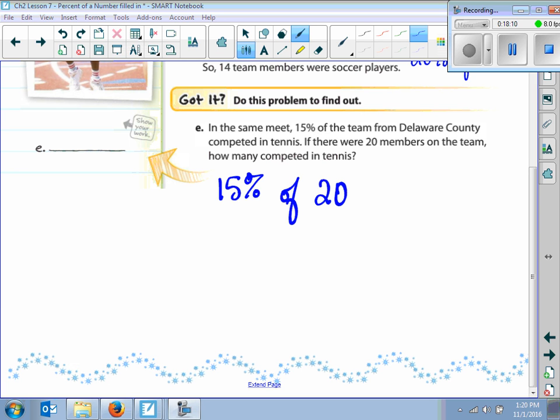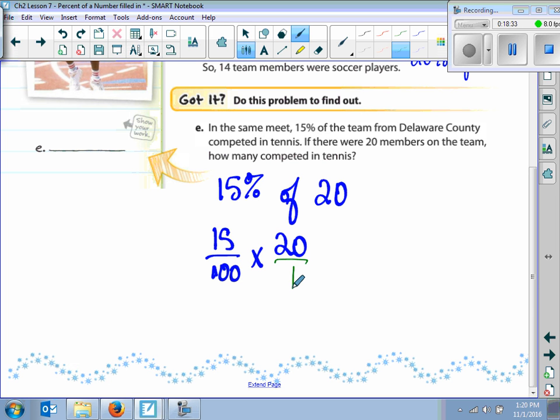Very good. So we have 15 over 100. Of means multiply. Very good. Times. What are we multiplying times? 20. Very good. And then if you'd like to, you can put that over 1.